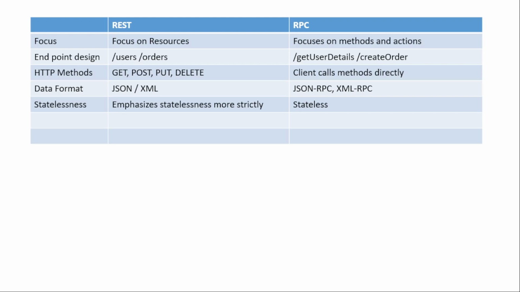RPC is suitable for action-oriented services and scenarios where performance and direct method invocations are critical, such as internal microservices communication, or complex operations that require explicit parameters. Understanding these differences helps in making an informed decision based on the architecture and design goals of your application. So this is all about API design, REST and RPC.